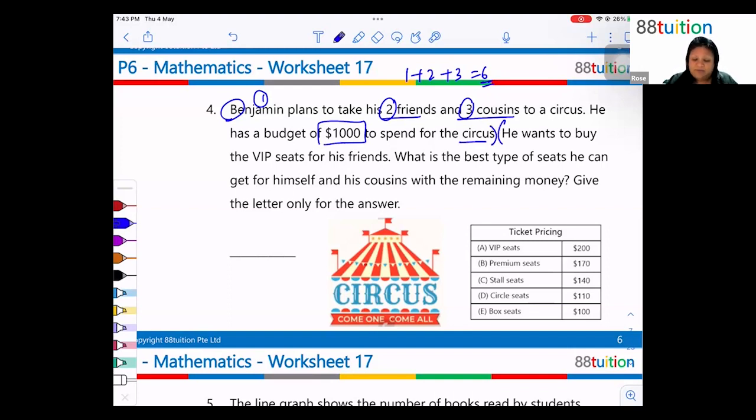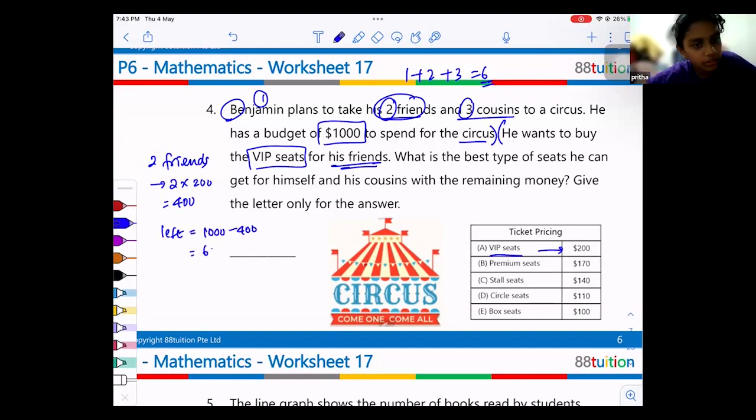He wants to buy VIP seats for his friends. How many friends does he have? 2 friends. He would spend a total of $400. So he's left with $600.